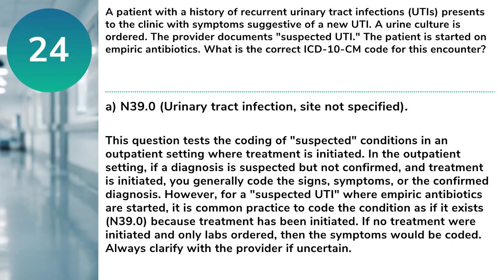However, for a suspected UTI where empiric antibiotics are started, it is common practice to code the condition as if it exists, N39.0, because treatment has been initiated. If no treatment were initiated and only labs ordered, then the symptoms would be coded. Always clarify with the provider if uncertain.